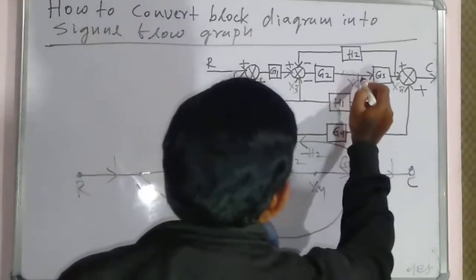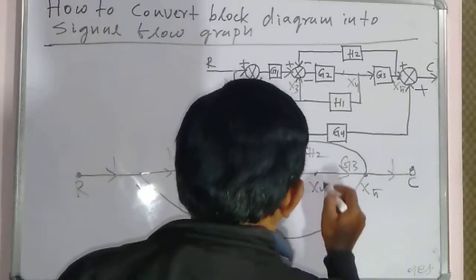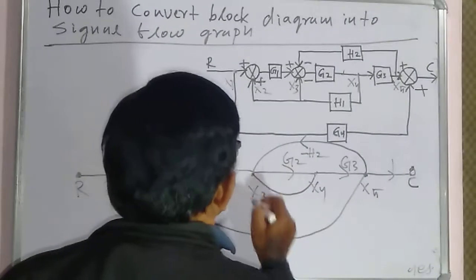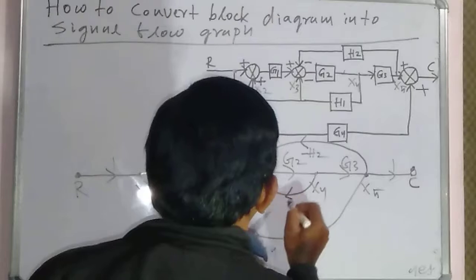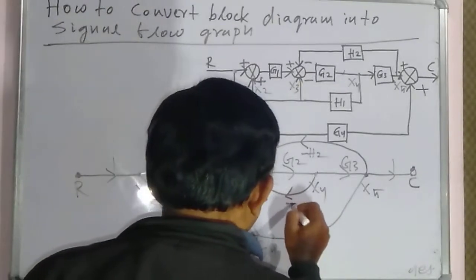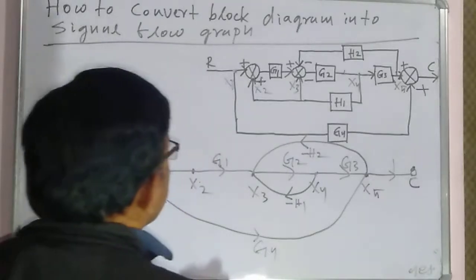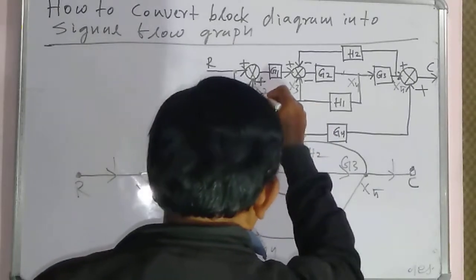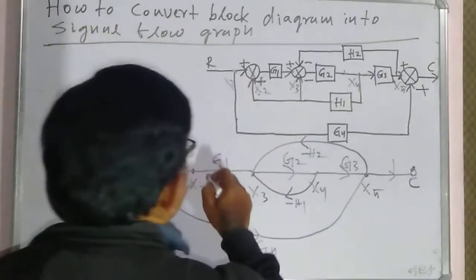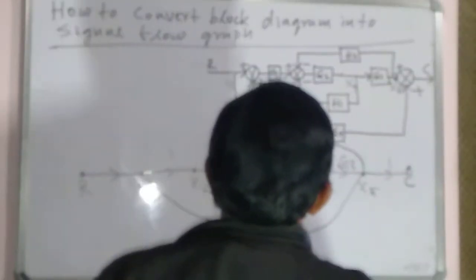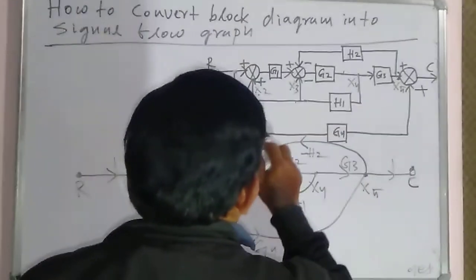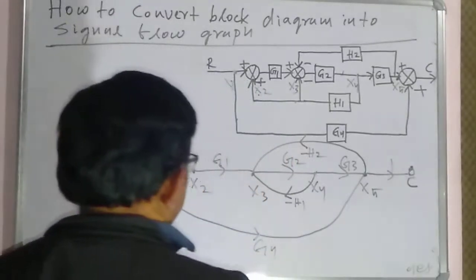So first you connect this x4 to x3, and this is minus h1, and this will be plus h1.